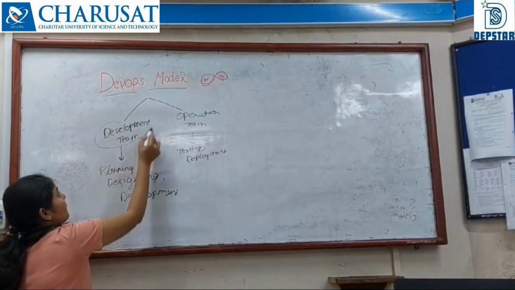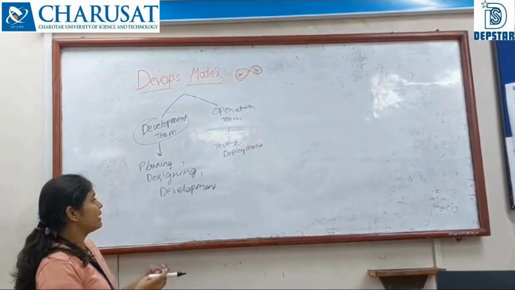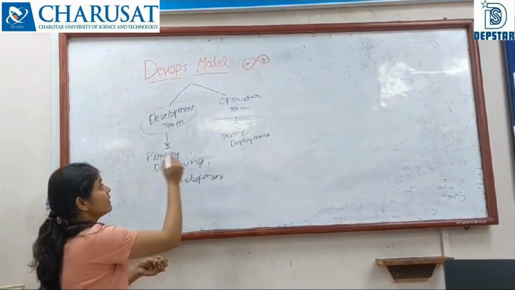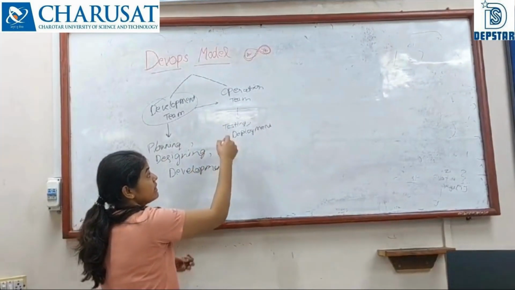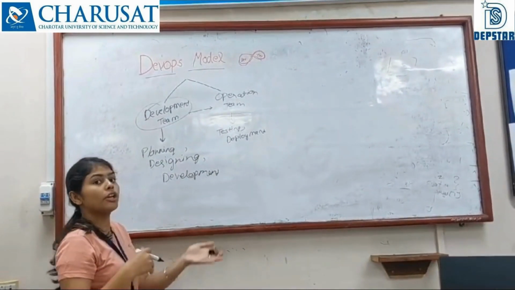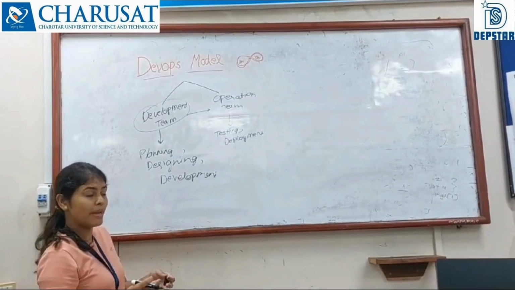The development team first gathers all the requirements, plans it, designs it, develops it, and then gives it to the operation team. The operation team then tests it and deploys it to the customers, and customers give them reviews and feedback.